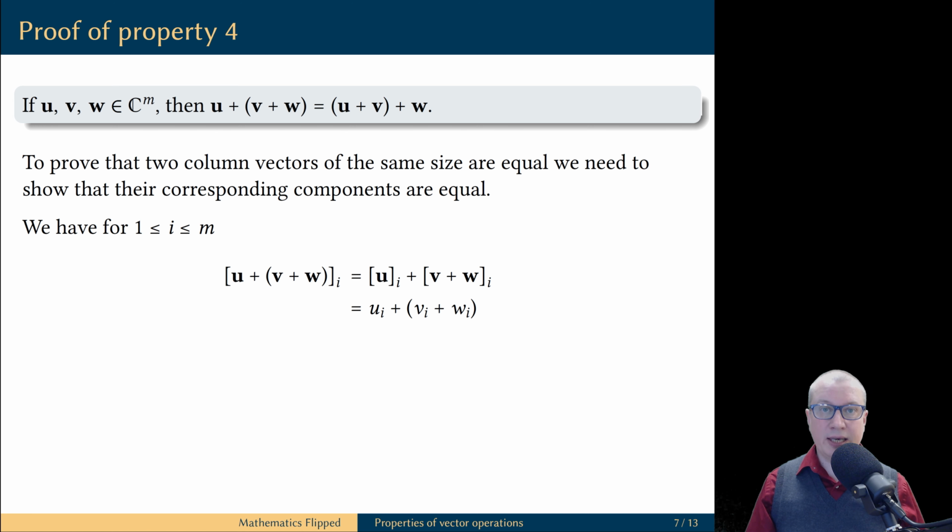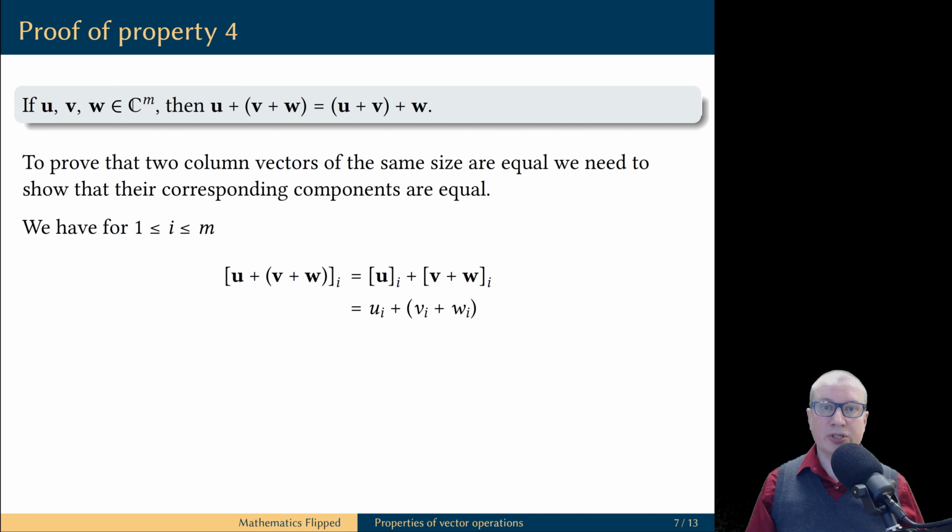And now we arrived at a familiar situation. We have an operation of addition on numbers because the components of vectors are simply complex numbers. We do know that the operation of addition of numbers is associative. And now all we need to do is to translate this back in terms of the components of the vectors. So what we have is component number i of vector u plus v plus component number i of vector w.